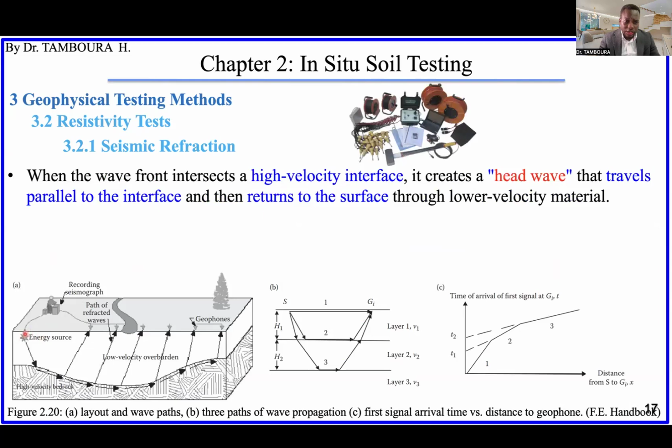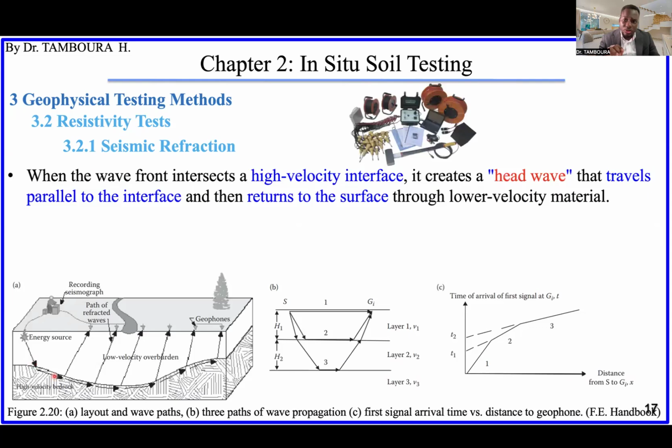It's just an explosion, and the wave started here, traveling here. Then at this interface, you can see this material and this material, we have the interface here. When the wave reaches this interface, it creates what we are calling the head wave.